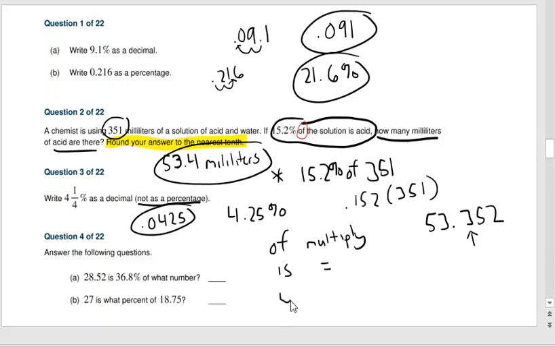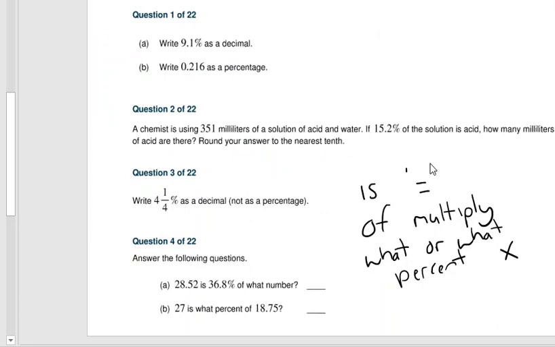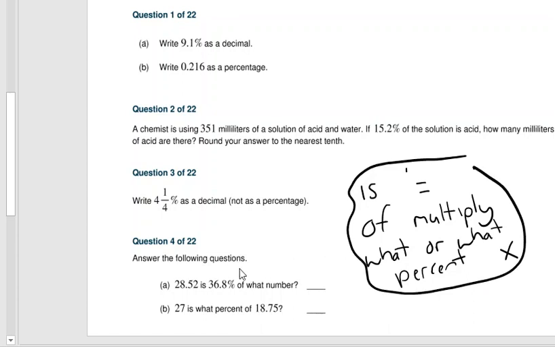And if it says what or what percent, that is going to be your variable. Okay, so when you're writing percent equations, you're going to need to translate these sentences into equations and then solve the equations. Okay, so let's go ahead and take these words. We're going to translate A into an equation.